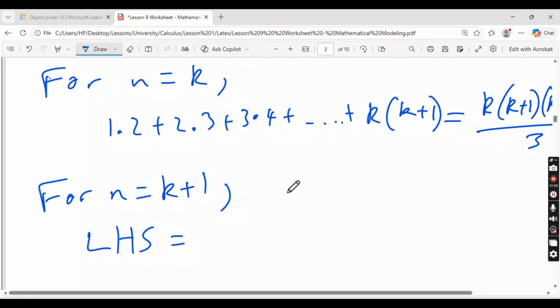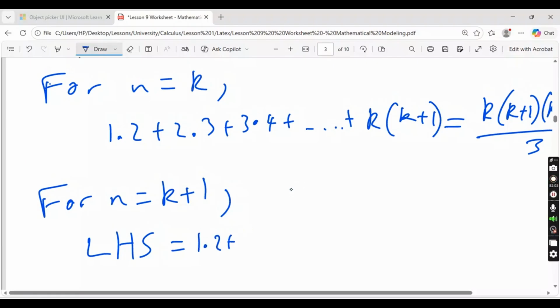We will say 1 times 2 plus 2 times 3 plus 3 times 4 plus ellipses plus k times k plus 1, plus k plus 1 in brackets times k plus 1 plus 1.